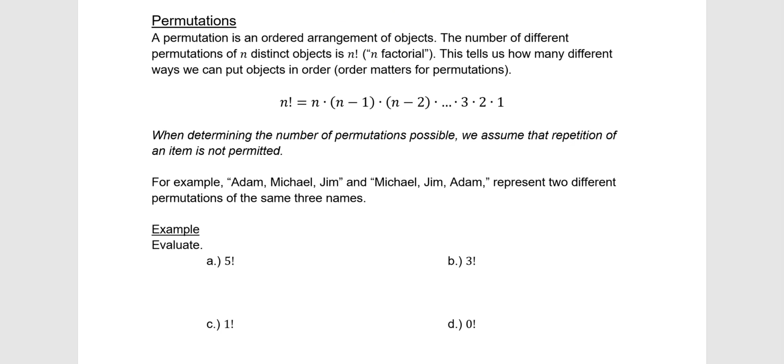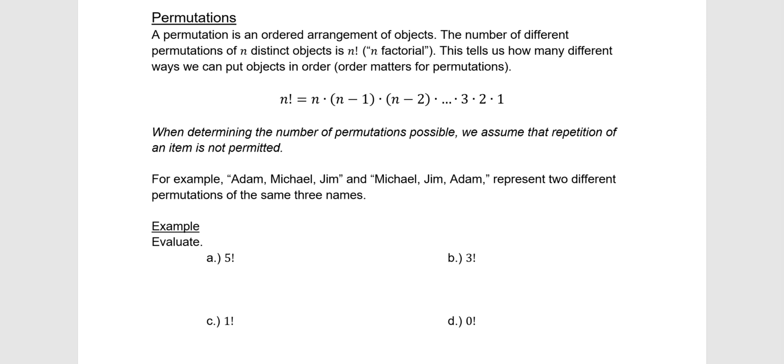Okay, so this brings us to permutations. A permutation is an ordered arrangement of objects. The number of permutations, the number of ordered arrangements of n distinct objects, is n factorial.